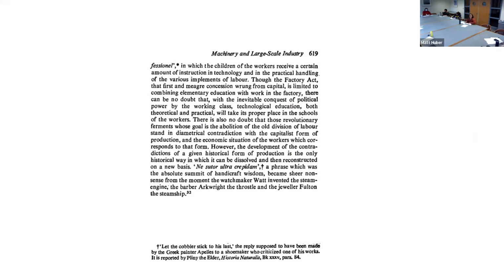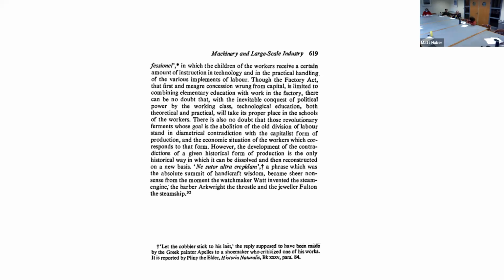And then, he talks about how the Factory Act does create compulsory education. The first meager concession wrung from capital is limited to combining elementary education with work in the factory. And he talks about how they set up little schools in the factories that are pretty much fraudulent.